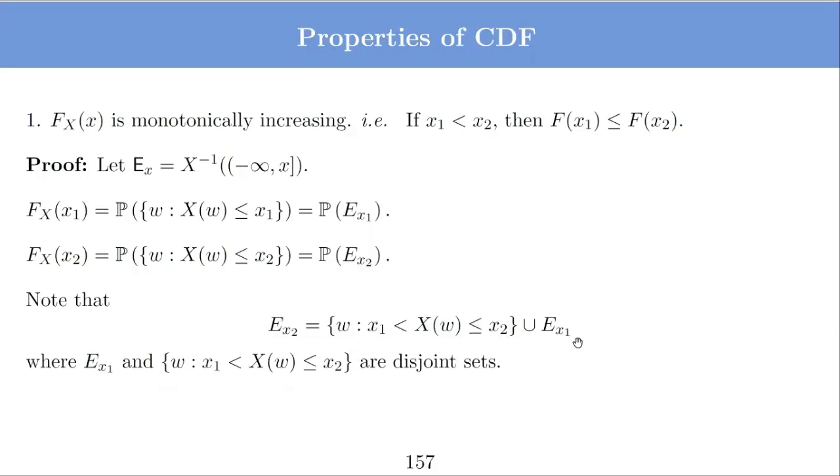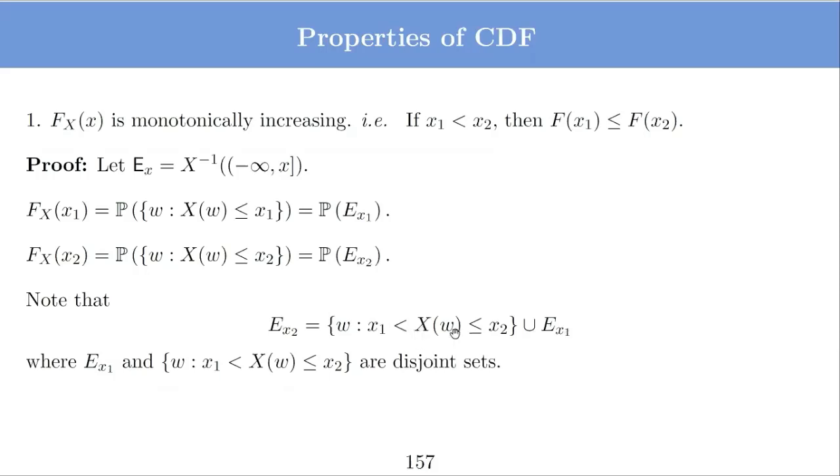Okay. How do we prove this? See, this is made from all omega such that X(omega) is less than or equal to x2. I'm splitting it into two parts. One is a set made from all omega where X(omega) is less than or equal to x1. So some elements are left, because this is made from all elements which are less than or equal to x2, and that is made from all elements which are less than or equal to x1, right?